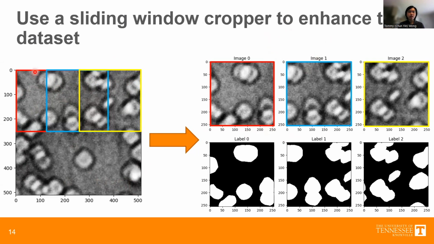You put a square window at the origin, at the top of the image, and then move it along so that each window overlaps half of the previous window. Just for your information, the distance that window moves is typically called the stride. In this case, our stride is 128, which is half the length of the window.